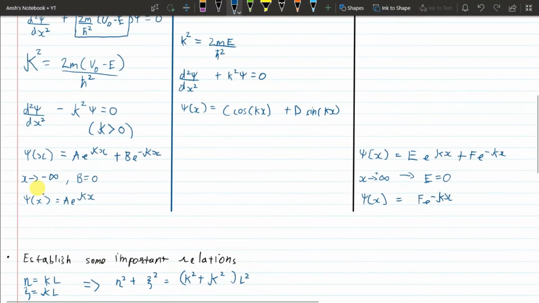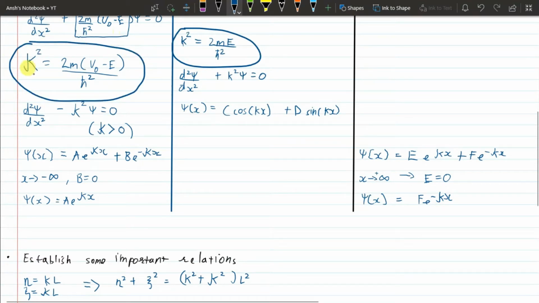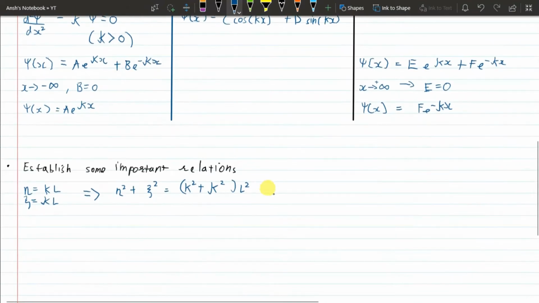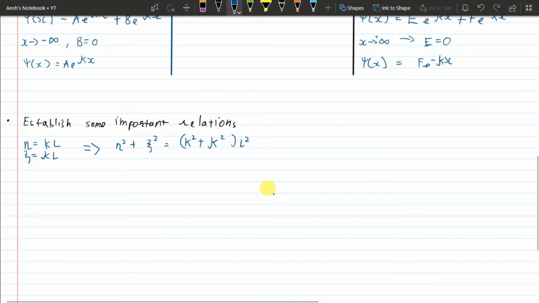We have the values of k square and kappa square right here, so let's add them up. You will get a term of this sort: 2m V naught L square upon h cut square. Adding them up is pretty straightforward, and you can do that on your own.